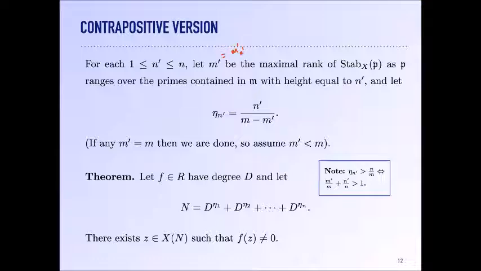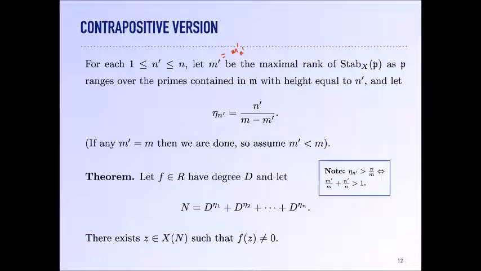I'll mention that if any m prime equals m, then we're done, because then m prime over m is 1, and you just wanted m prime over m plus n prime over n to be greater than 1, and n prime is greater than or equal to 1 by definition, so n prime over n is greater than 0. So let's not worry about that case when defining this variable, which has an m minus m prime in the denominator.